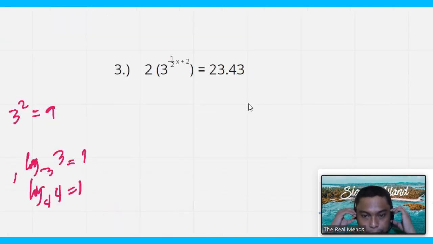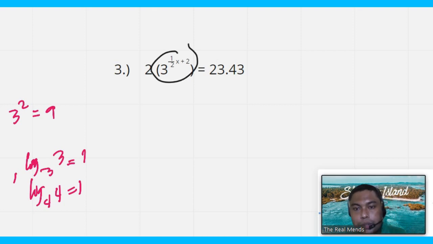Let's proceed to problem number 3. 2 times the quantity 3 to the exponent of 1 half x plus 2 is equal to 23.43. Again, we need to divide both sides by 2.